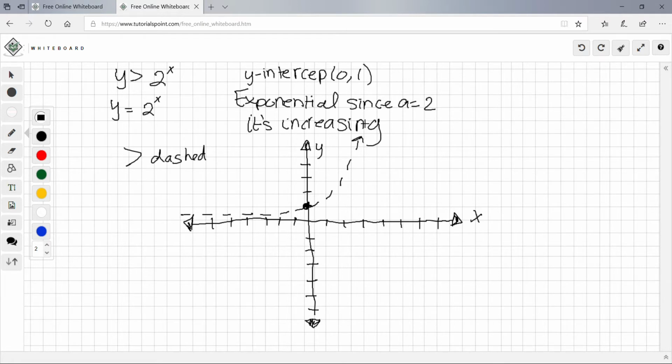Okay, so we can call this y equals 2 to the x. Now we just gotta shade the correct region.